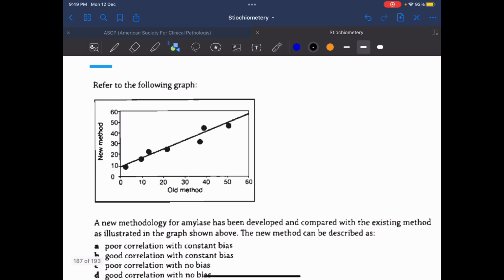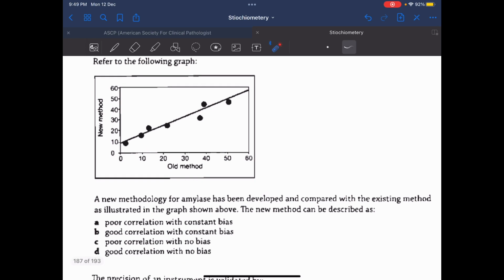Next question. Refer to the following graph. A new methodology for amylase has been developed and compared with the existing method, as illustrated in the graph shown above. The new method can be considered as poor correlation with constant bias, good correlation with constant bias, poor correlation with no bias, good correlation with no bias.